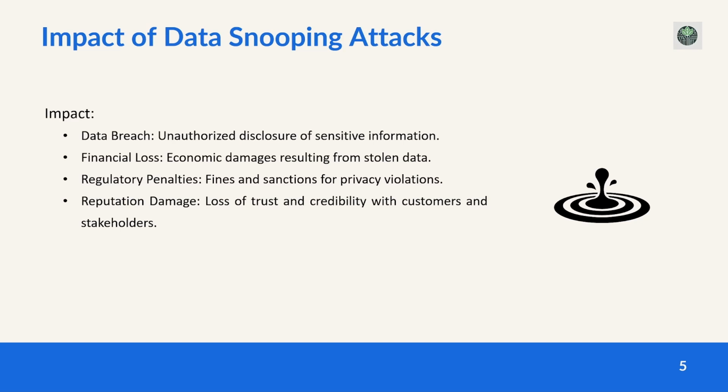Beyond financial damages they might incur, these attacks are going to damage the company's reputation, eroding consumer trust and harming the long-term relationships that companies have with their stakeholders. As you can see, the ripple effects of a single snooping attack can extend far beyond the immediate data loss.